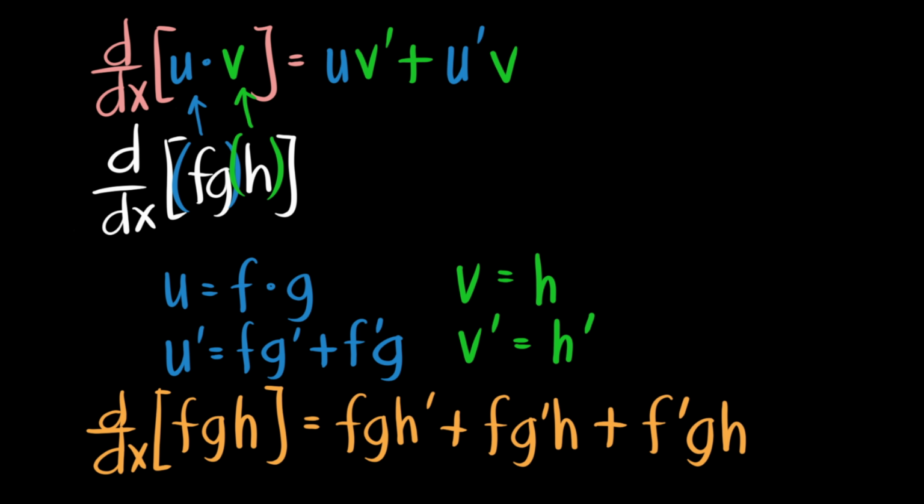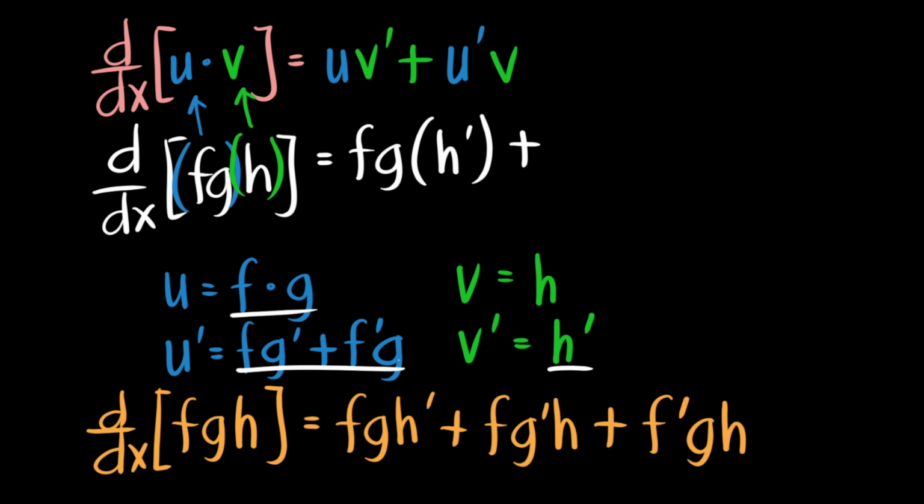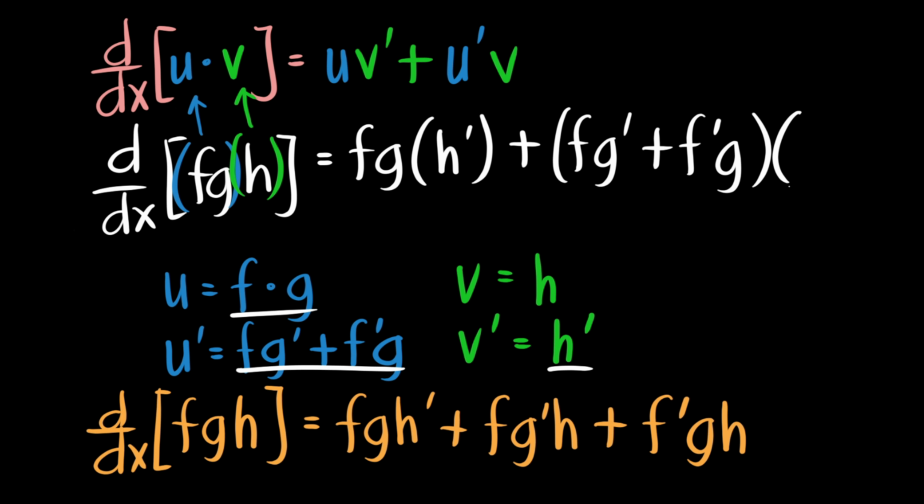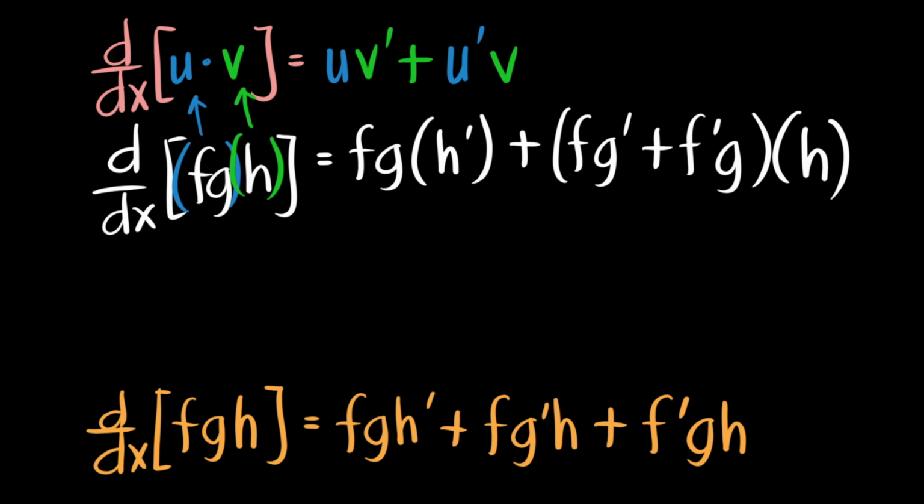Let's go ahead and plug in these functions into the formula. The derivative will be u, which is fg, times v prime, which is h prime, plus u prime, which is f times g prime plus f prime times g, times v, which is h. Let's simplify this further.